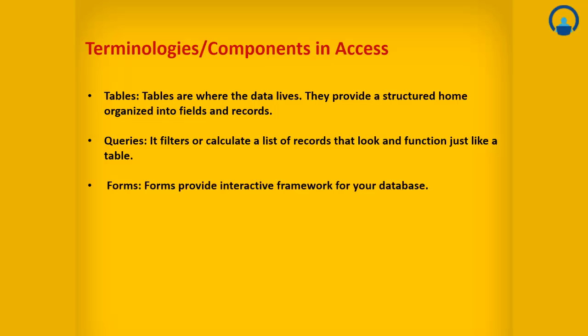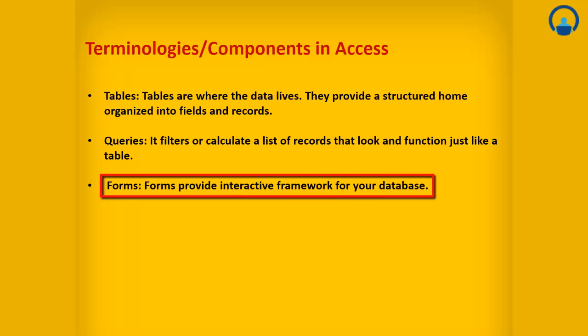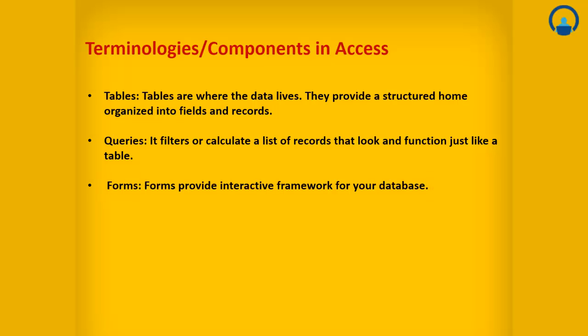As I told you, the third component of Access is forms. Forms are used to enter data, edit or delete records. Data is normally entered through forms rather than through tables, and forms also provide a very interactive framework to your database.